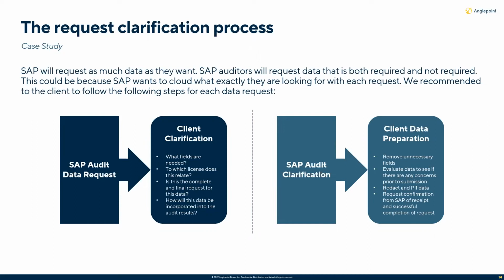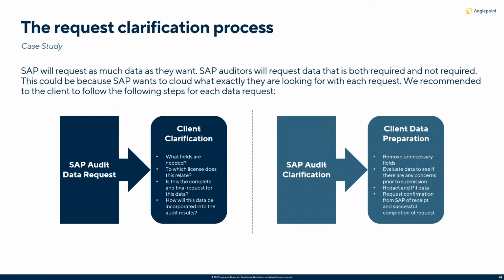And the example that we gave to them at the time and that we used internally is that if SAP requested, so for example, let's say, a special recipe or the codes to a safe or something like that, right? They requested it. We could see very clearly when they requested that sort of data that they don't need that for a license. So therefore they don't have any right to access that data point.